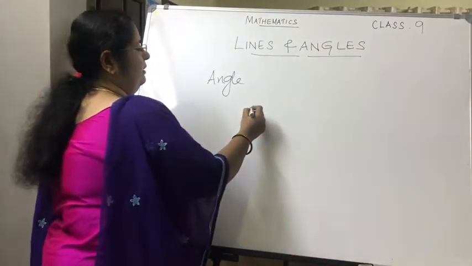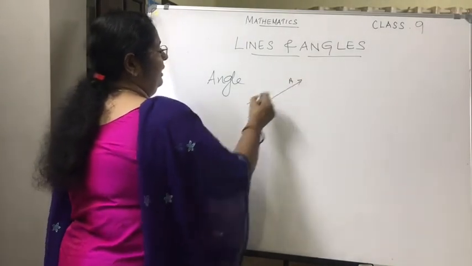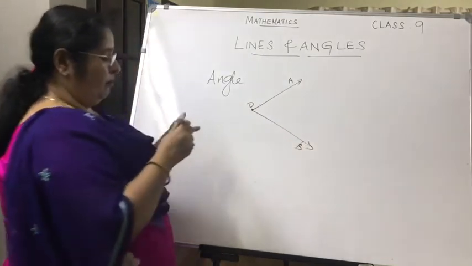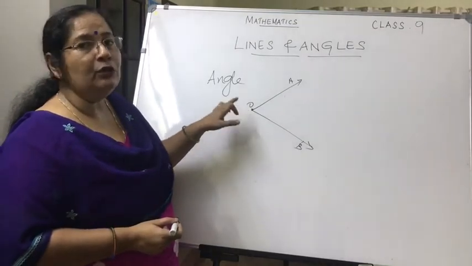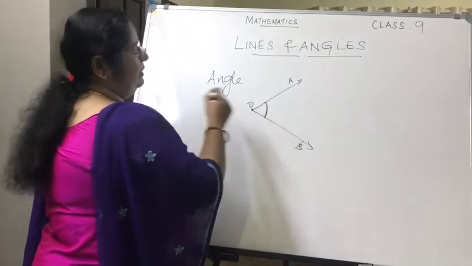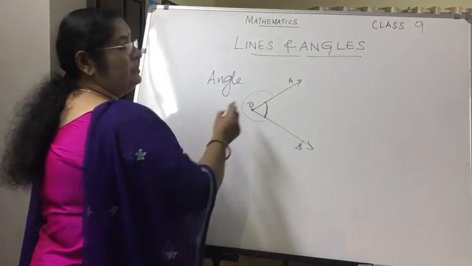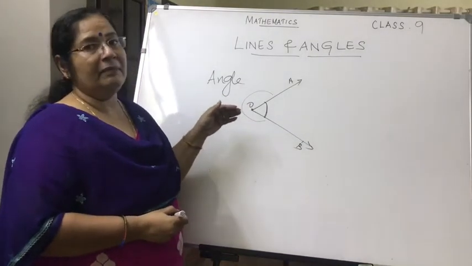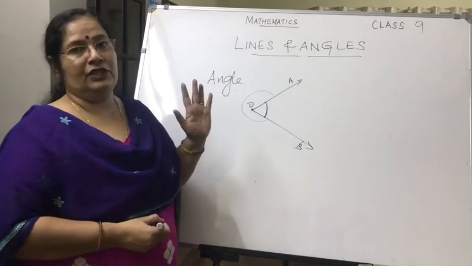For example, you are having a ray like this, say OA, and another ray, say OB. Both of them are starting from the same endpoint O. Then you have an angle formed here. This is an angle. Even this is also an angle. This is also an angle. So when two rays or two line segments start from the same endpoint, you have an angle formation.